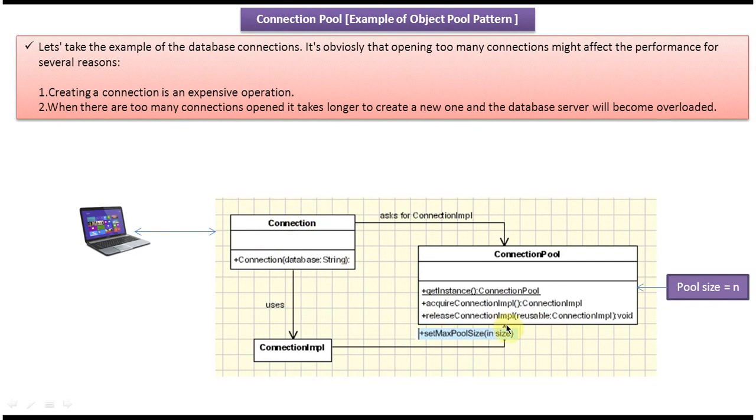To release, it will call the releaseConnectionImplementation method, and once you call this method, the ConnectionImplementation will be added to the pool. So basically, the client is responsible for acquiring the ConnectionImplementation object from the pool and releasing it to the pool. Why are we releasing? So that another client can use the same ConnectionImplementation object. We can reuse the ConnectionImplementation object.